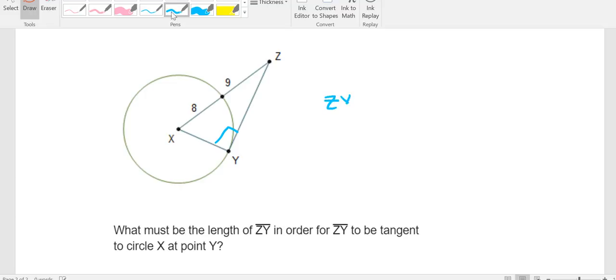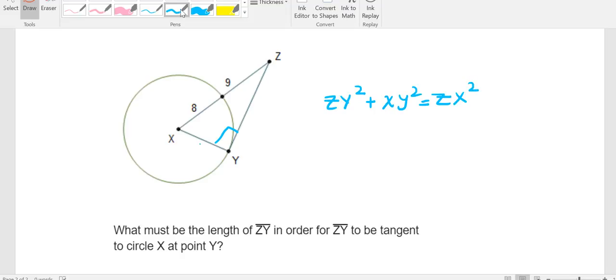So ZY squared plus XY squared is equal to ZX squared. If that line's tangent, then it forms a right triangle.